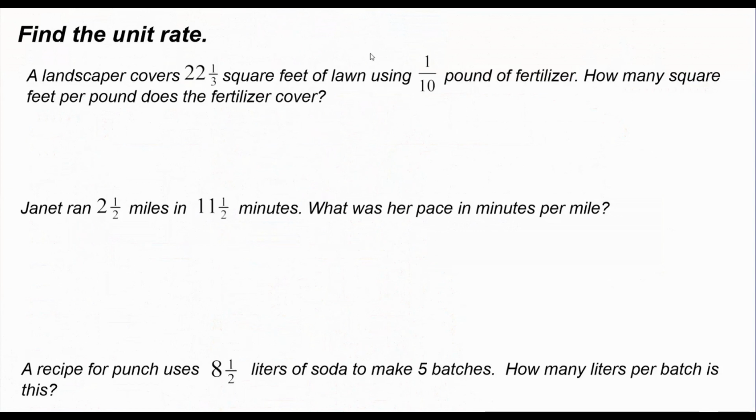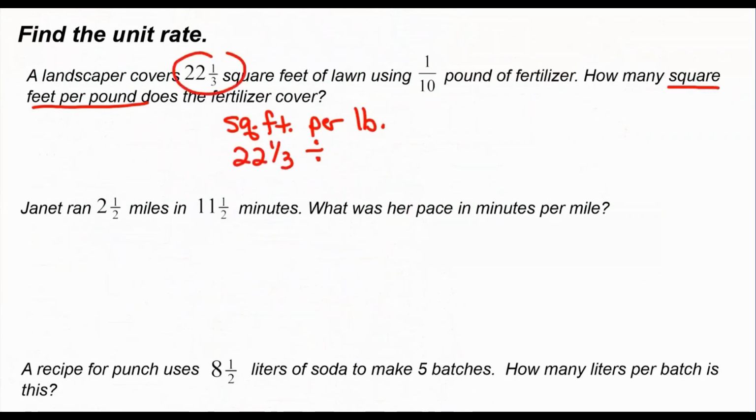So here's a few more examples of finding unit rates when we have fractions and mixed numbers involved. A landscaper covers 22 1/3 square feet of lawn using 1/10 of a pound of fertilizer. How many square feet per pound does the fertilizer cover? So the unit rate we're looking for here is square feet per pound, and I'm going to let the words tell me how to divide. So I'm going to take square feet divided by pounds, and the square feet that it covers is 22 1/3.